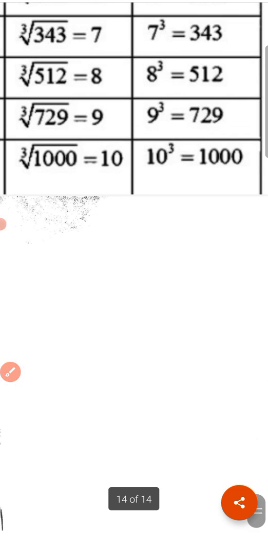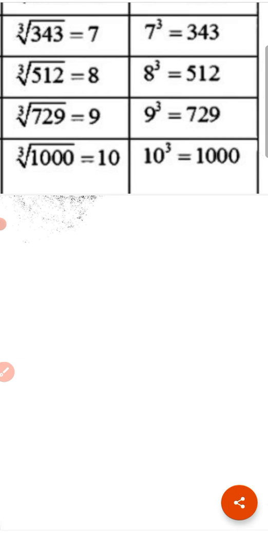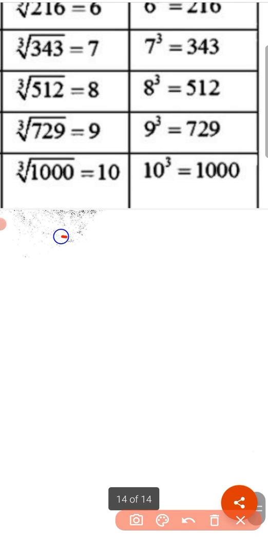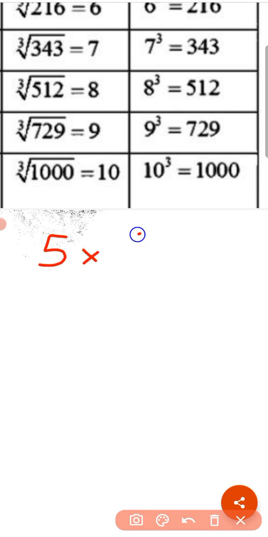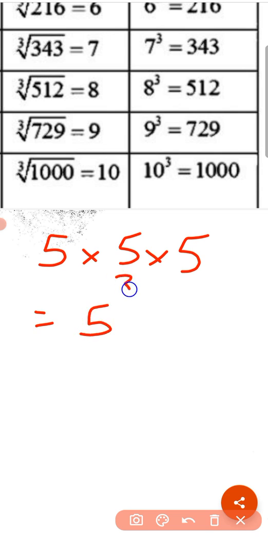So children, cube of a number means multiply a number by itself 3 times. 5 into 5 into 5 is equal to 5 cube, which is equal to 125.